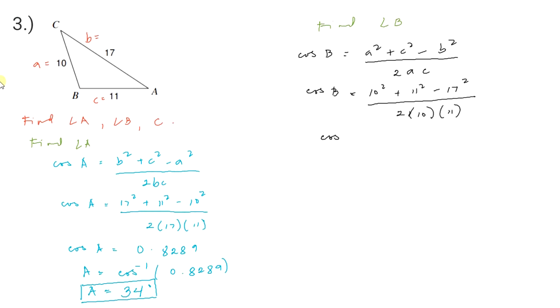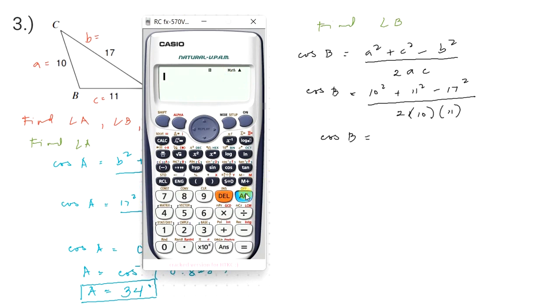From that, let's use the calculator for cosine B. We have 10 squared plus 11 squared minus 17 squared. Let's make it a fraction to make it easier: 10 squared plus 11 squared minus 17 squared, all over 2 times 10 times 11. Close the parentheses, and that is equal to negative 0.3090.